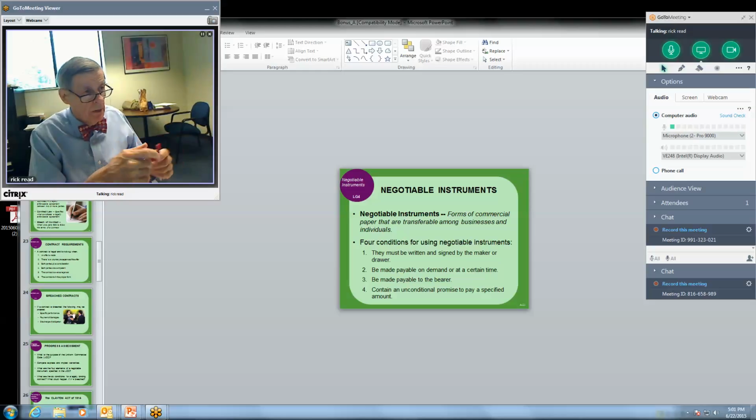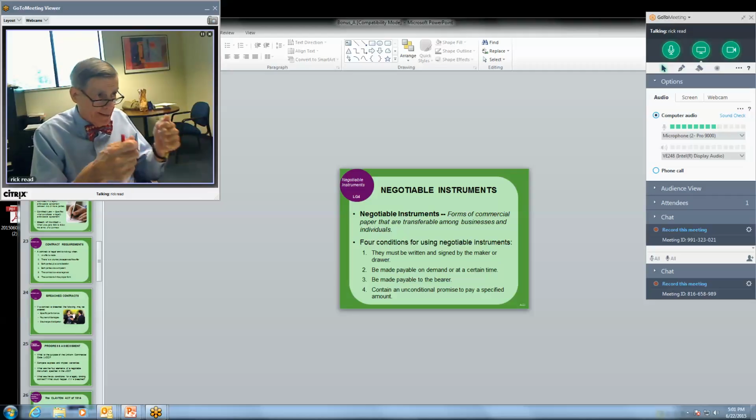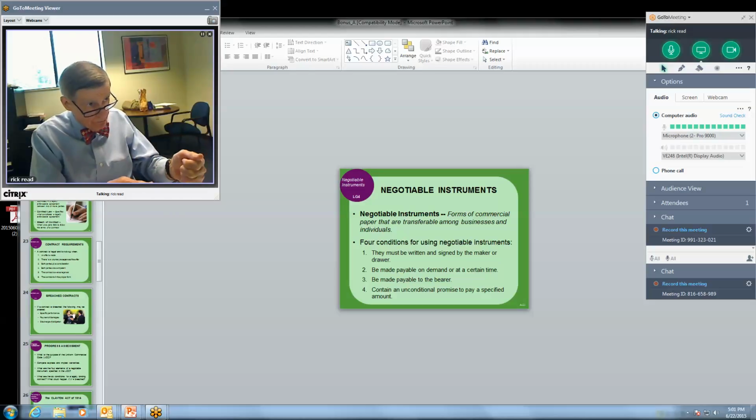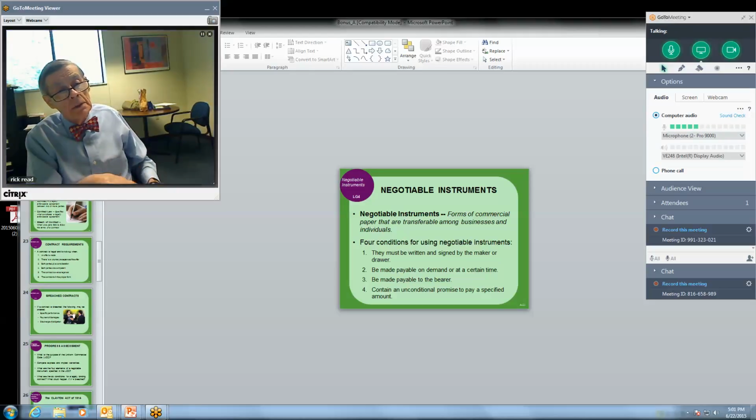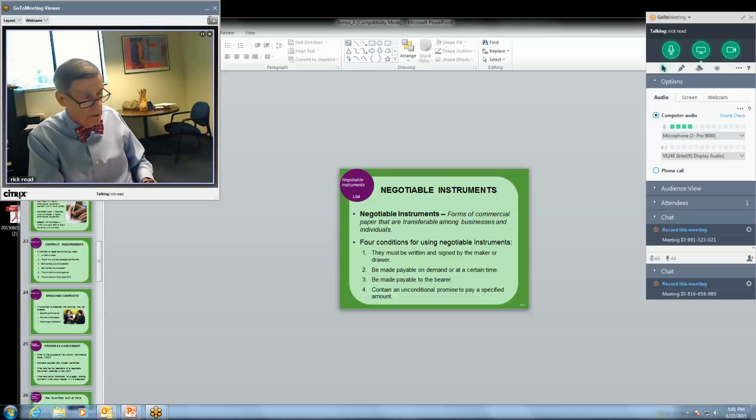But it's made out into my name and my wife's name, joint tenants. And we can take that to a securities dealer, and that's negotiable. And then contain an unconditional promise to pay a specified amount. And of course, that would be however many shares you owned times the amount that the stock was trading for on a particular day.